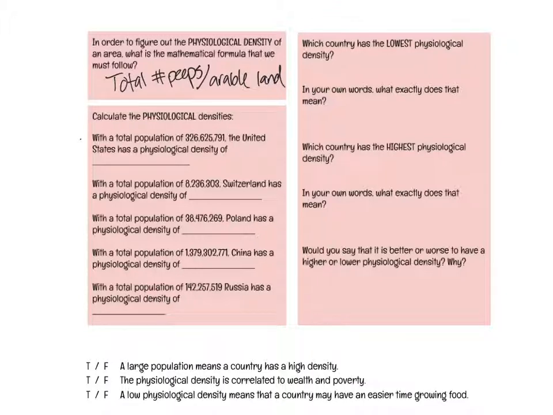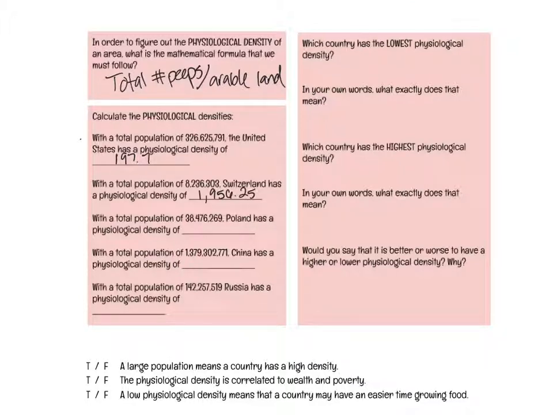Okay, what was our number that we got for the physiological density for the U.S.? 197.7, yep. For Switzerland, it was what? 956.25?